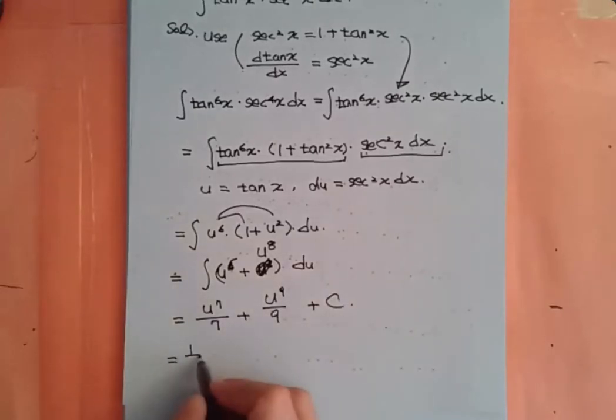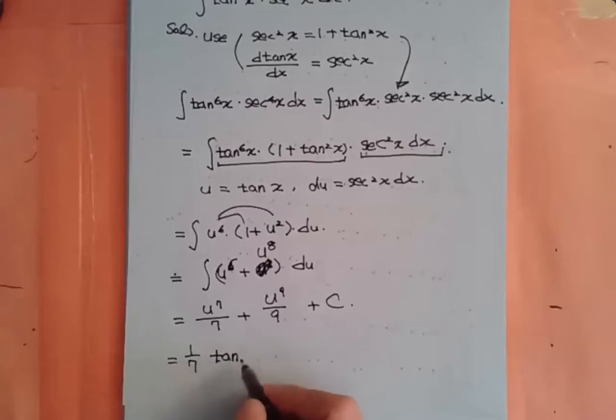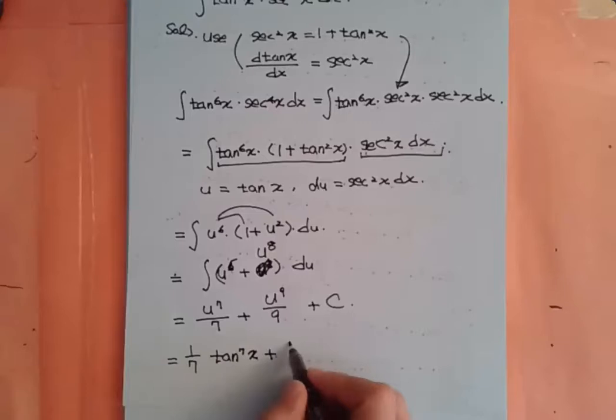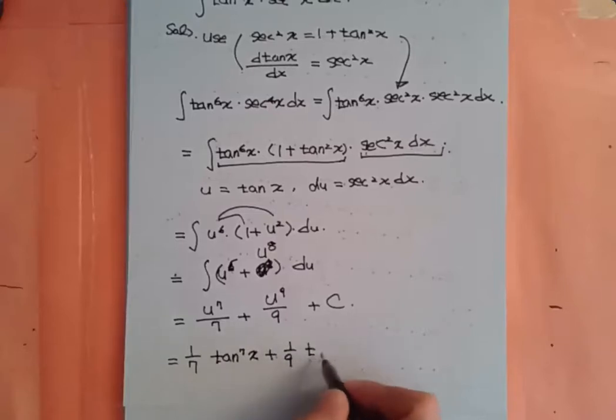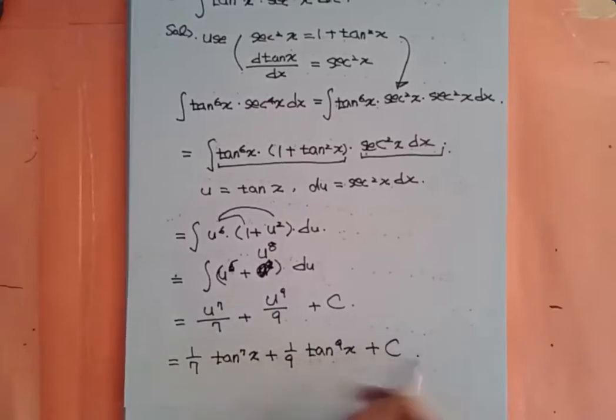So that equals 1 over 7 tangent 7th power x plus 1 over 9 tangent to the 9th power x plus c.